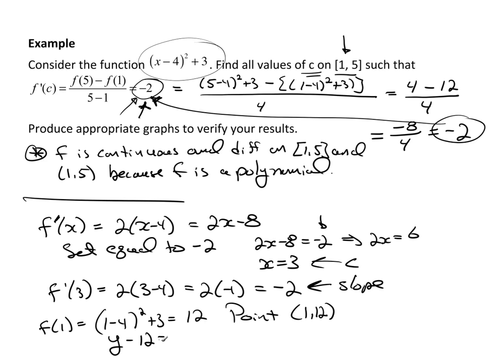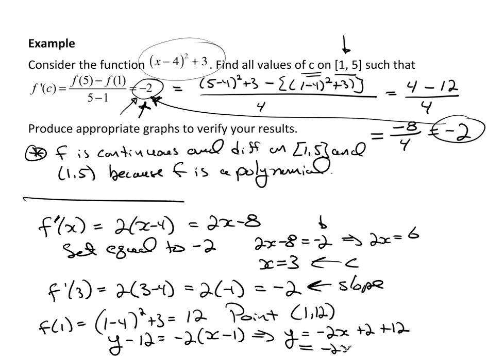So y minus 12 equals a negative 2 times (x minus 1). There's an equation of a line that's going to run through the points at 1 and 5. That would imply that y equals negative 2x plus 2 plus 12.